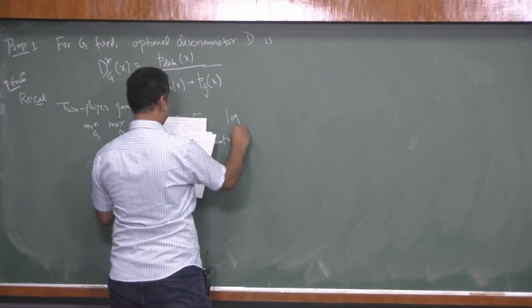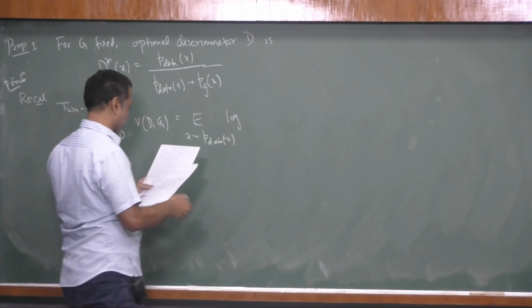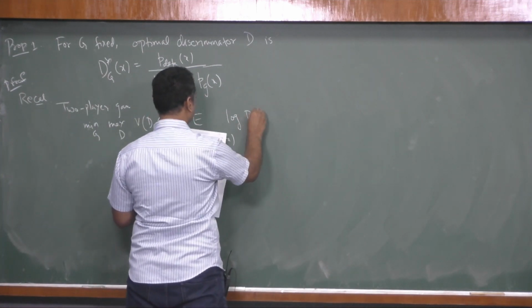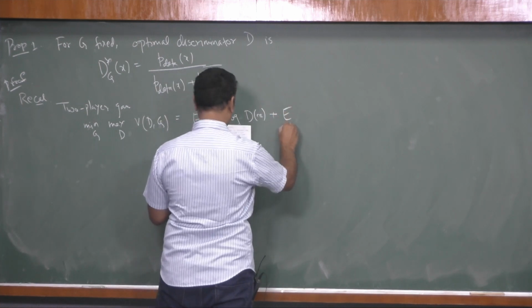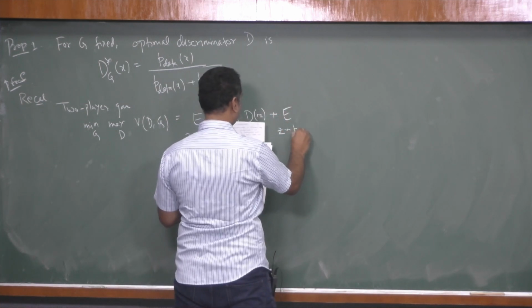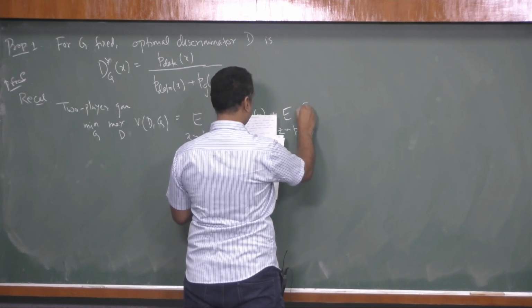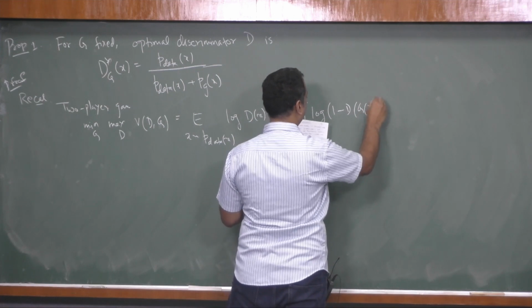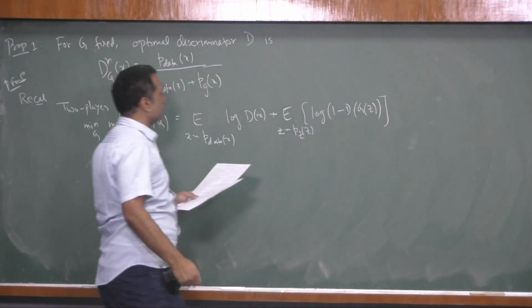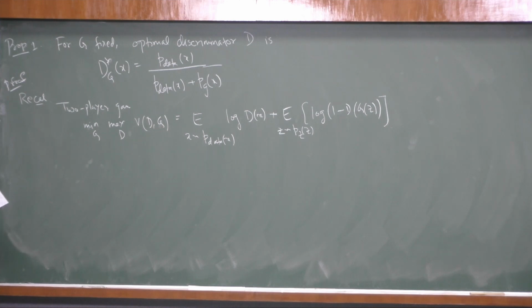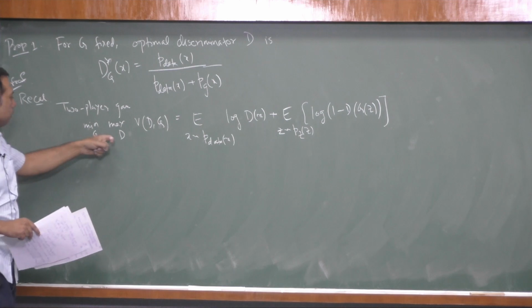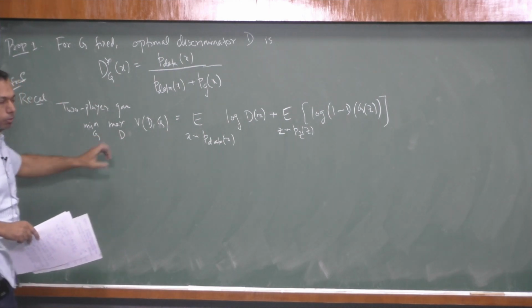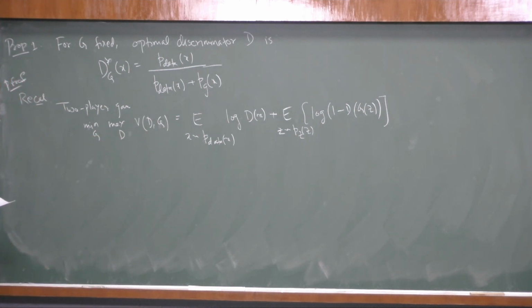So: expectation of log of D of x, plus expectation over z following p z of log of 1 minus D of G of z. This is exactly the min-max we did, but I have changed small g to capital G and small d to capital D just to keep the notation from the paper itself. Everything is the same.